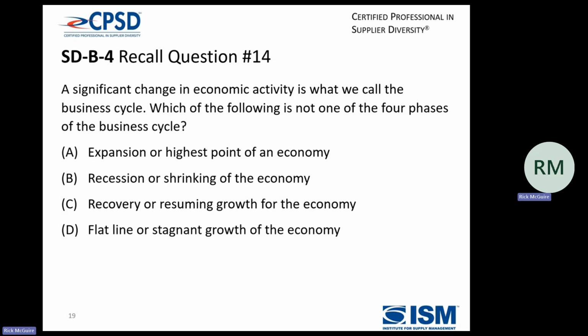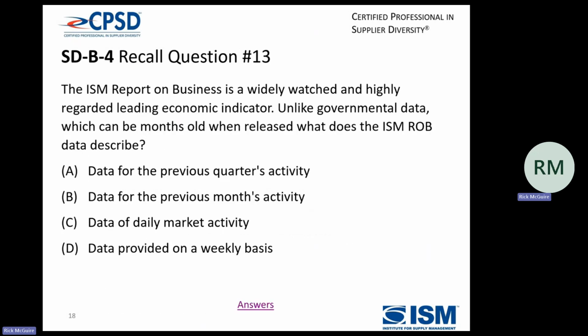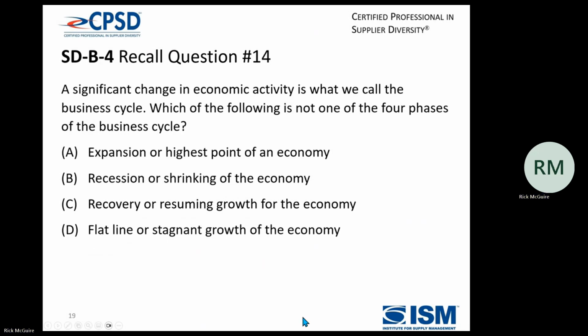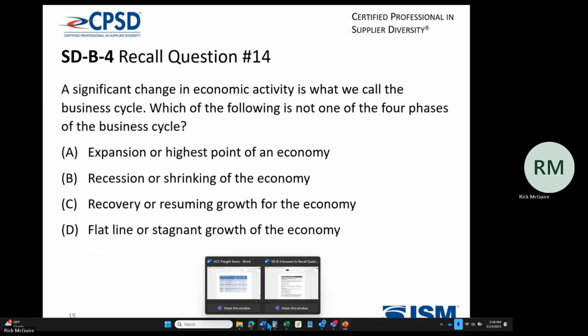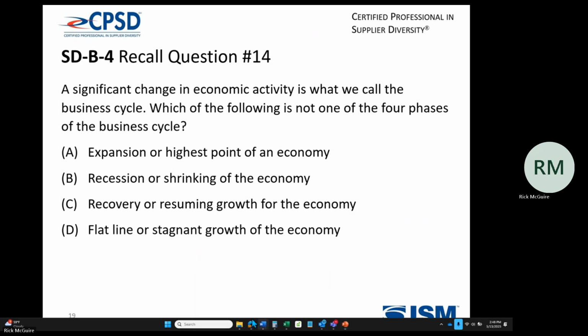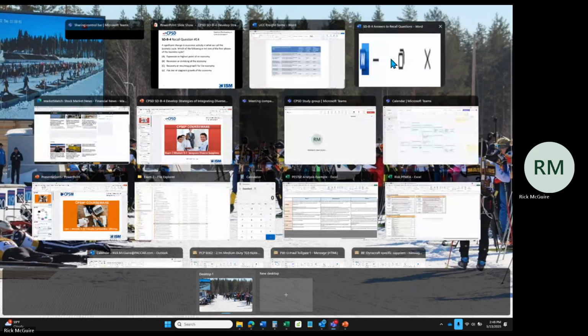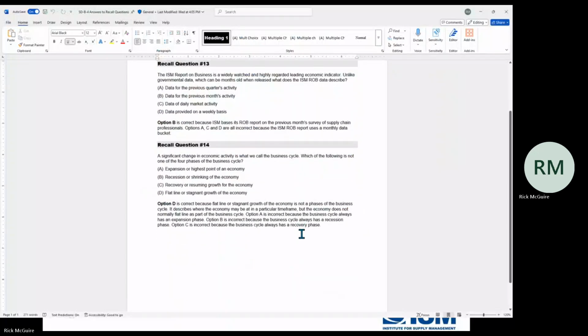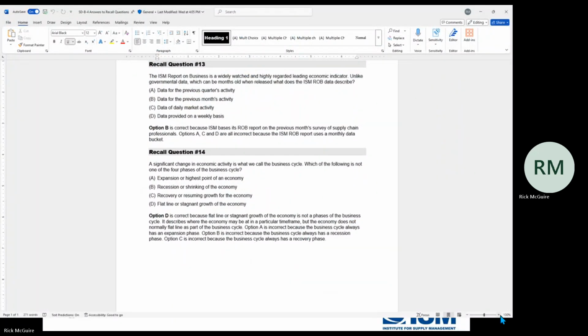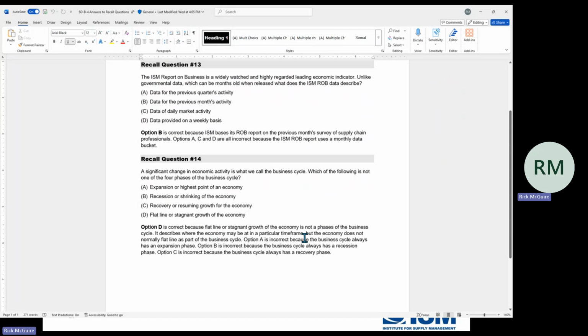Flatline or stagnant growth? That doesn't sound like one. So that should be D. And D it is.